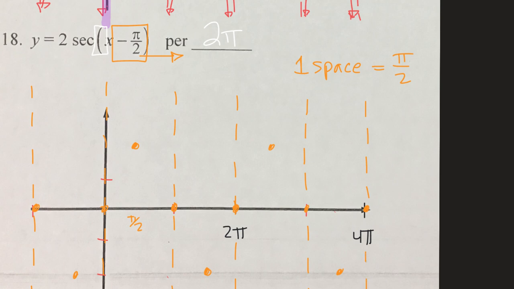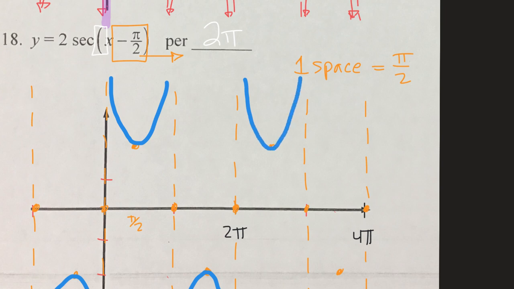And now, from our maxes, we have upward parabolas, and from our minimums, we have downward parabolas. Okay, do your best to hit that max and that min point. If you happen to miss, that's okay. And do your best to keep them evenly spaced horizontally. Okay, it just looks ridiculous if this one is way down here and that one's way up there. Okay, do your best.